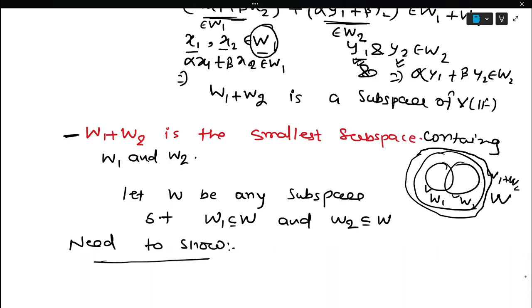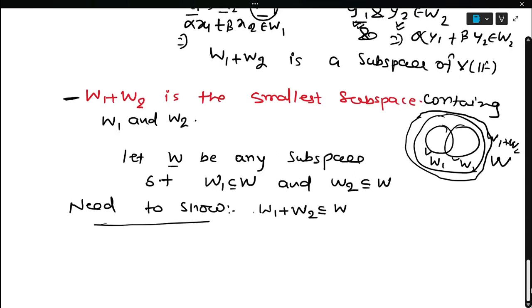We have taken another subspace W, so it will contain the smallest one, W1 plus W2. So we need to show W1 plus W2 is contained in W.